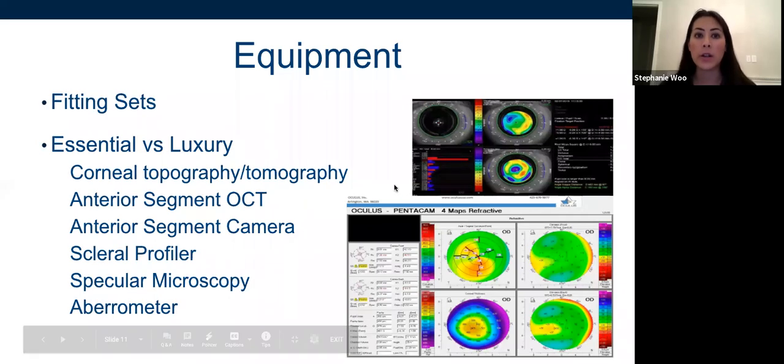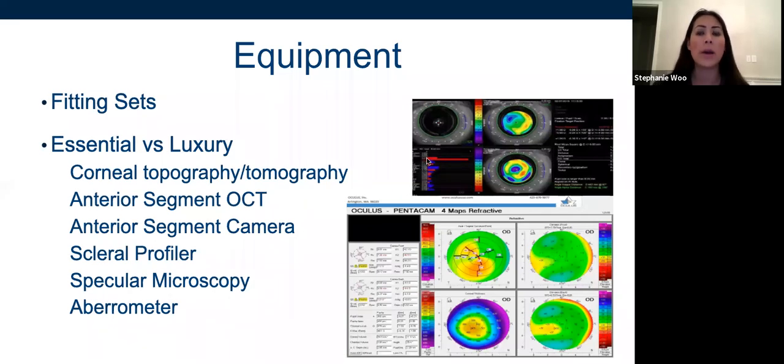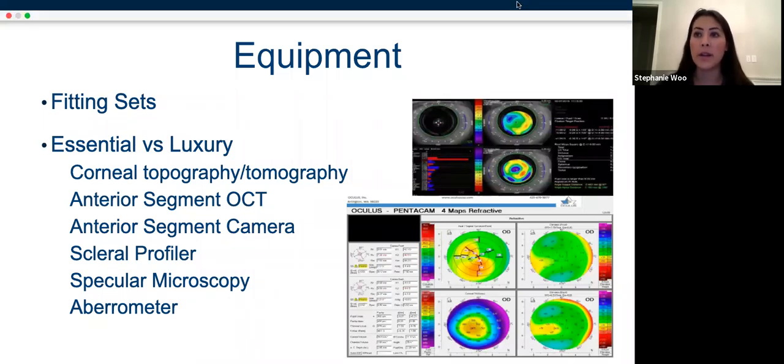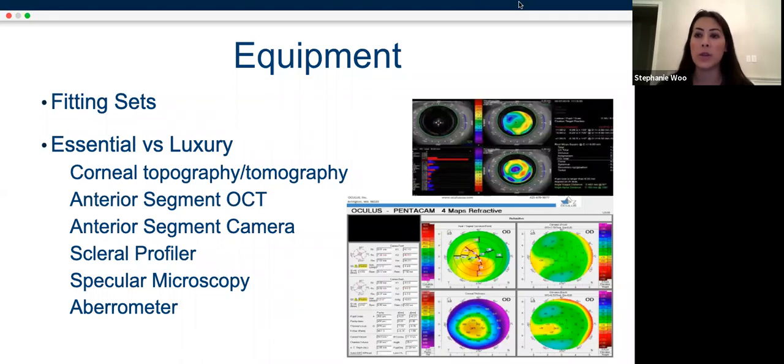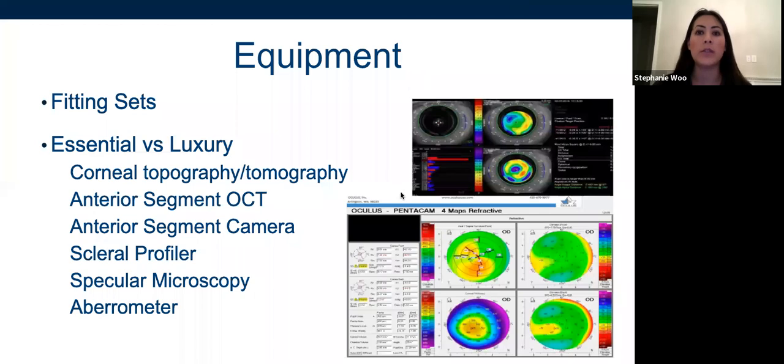As far as a Scleral Profiler, in my other practice, it wasn't something that I wanted to spend the money on. I just thought that I was really good at what I did, and that was more for novice fitters. But after I got one, now there's absolutely no way I can go without it. The information you get from a Scleral Profiler is absolutely amazing, and I know that Greg will for sure agree with me.